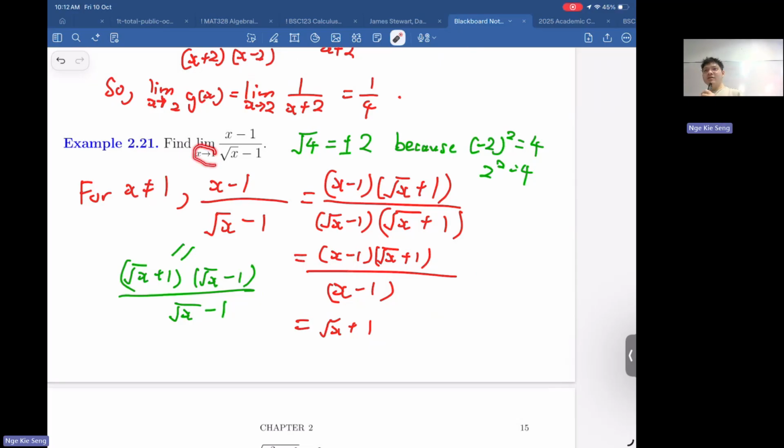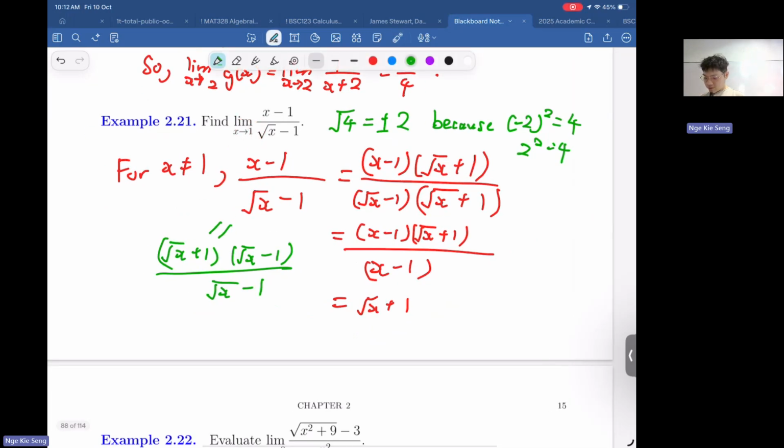Why? Because you only care around x equals to 1. So you can actually keep your x all the way greater than 0. So this is true when x is greater than 0.